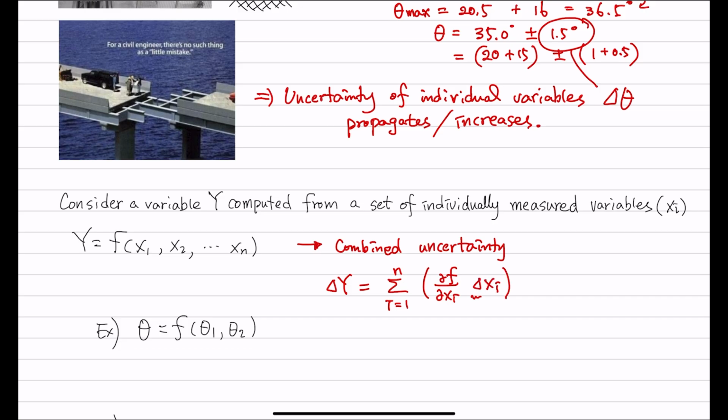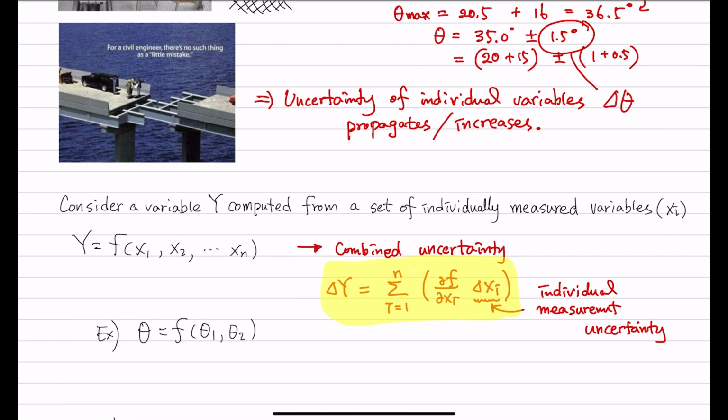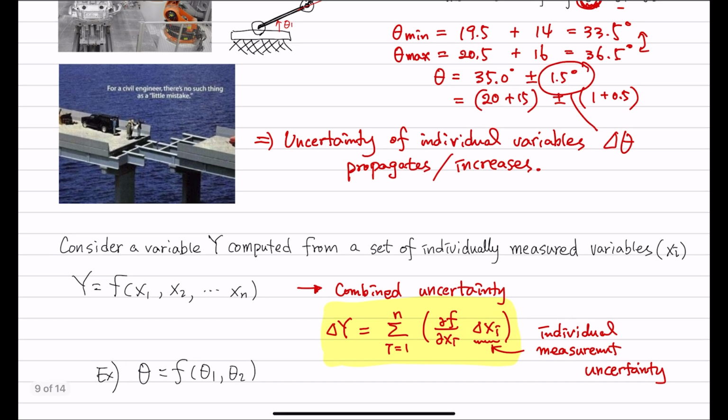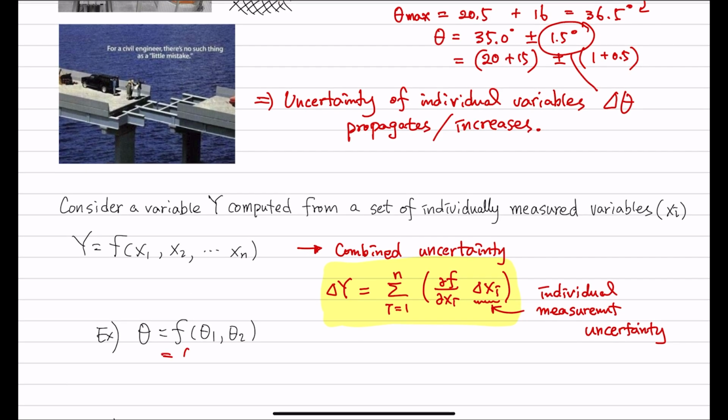So this x of i is the individual measurement, and we will need to know how to use this and calculate things. Back to the example we just tried here. Theta is the combined variable of these two individual variables, theta 1 and theta 2. The function that combines these two was theta 1 plus theta 2.